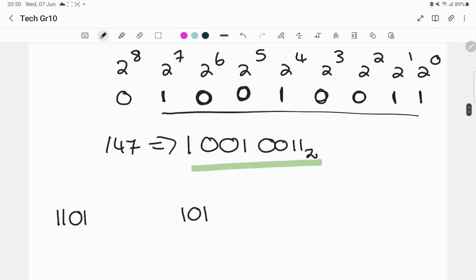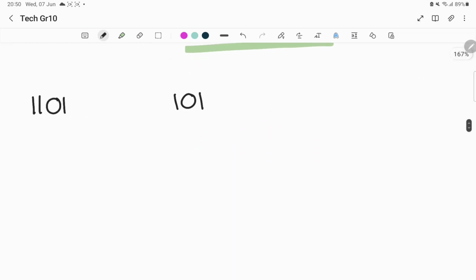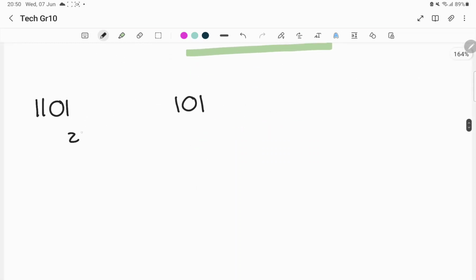So now I'm giving you the binary number, and you have to work out what this part is. It will be 2 to the power of 0, 2 to the power of 1, 2 to the power of 2, 2 to the power of 3. So which ones did I use? I had a 2 to the power of 0. I did not have a 2 to the power of 1 because it's 0.